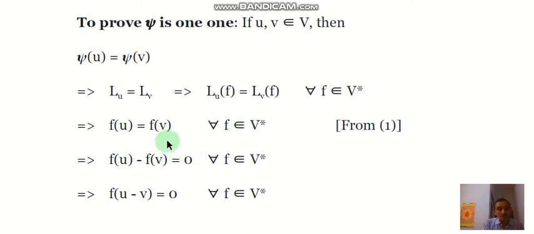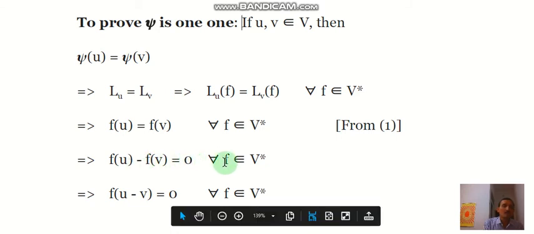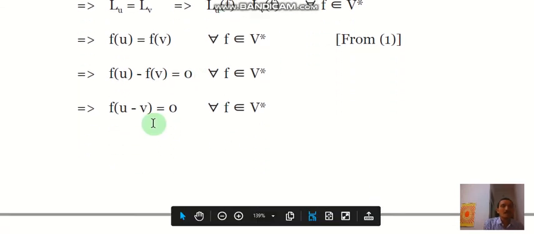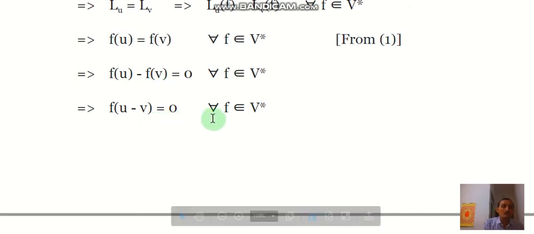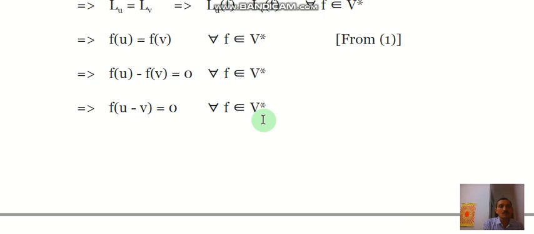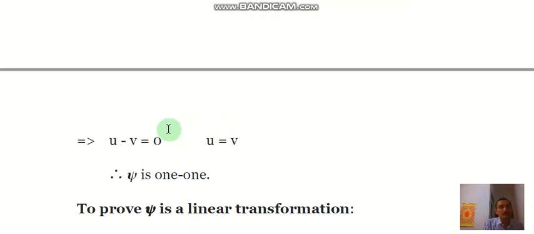Taking the right side to the left side, we can write this as f(u) minus f(v) equal to 0, and therefore f(u minus v) equal to 0 for all f belongs to V*. Therefore we obtained that u minus v equal to 0, that is u equal to v. So we started from psi(u) equal to psi(v) and obtained u equal to v. Therefore the mapping psi is one-one.